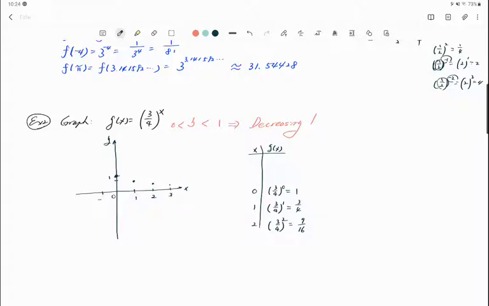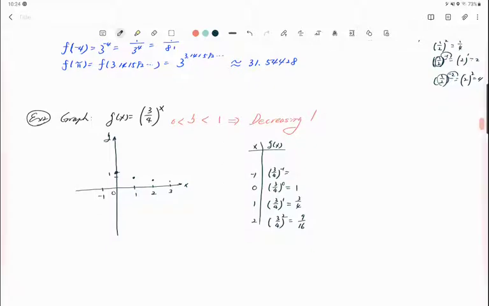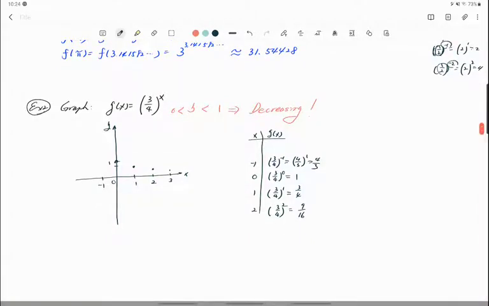How about as you go to the left, -1. So if x is -1, then this will be a +1, reciprocal. So that will be 4/3, right? So always multiply the previous y value by 4/3.